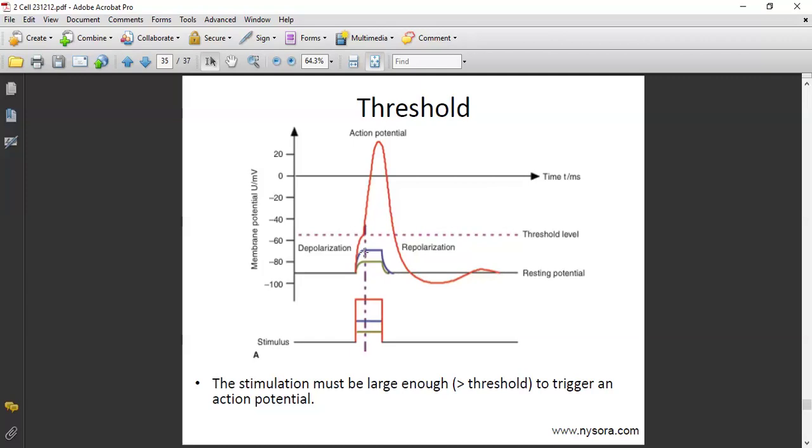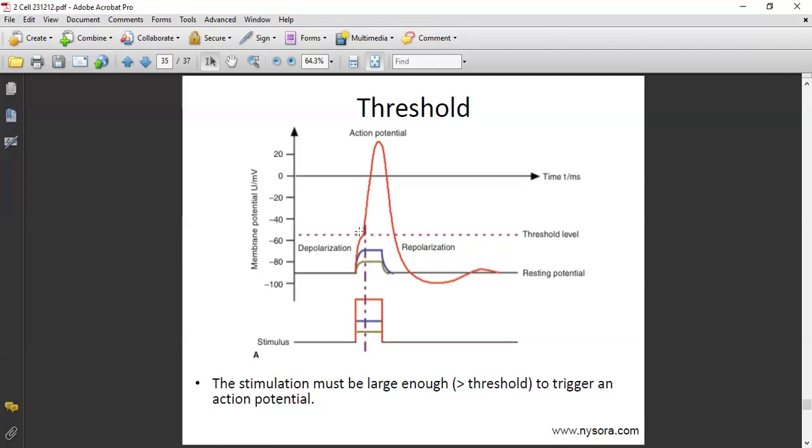You are sensitive, so you can feel it, but you have to stimulate it above the threshold. If you only stimulate to this level, it's not strong enough to cause an action potential. But if you stimulate above the threshold, you trigger it. That's the threshold.